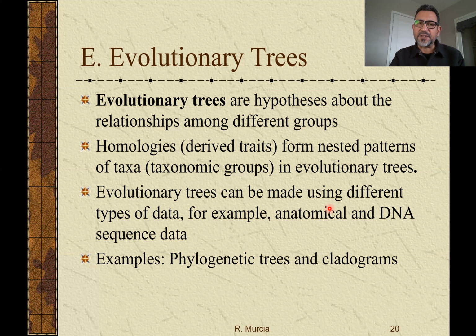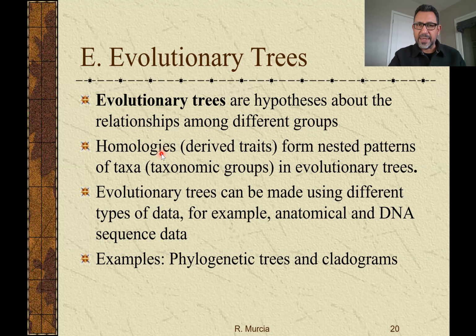The reason I emphasize the point of being a hypothesis is that these arrangements of branches on an evolutionary tree are going to be constantly the subject of revision as new data is provided by scientists who work in the area of evolutionary biology.